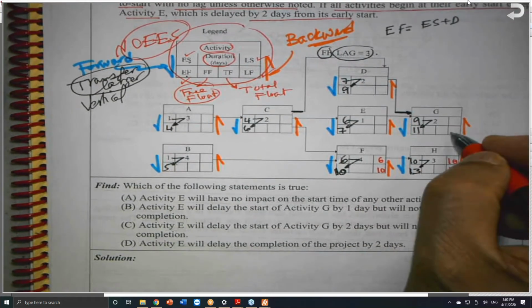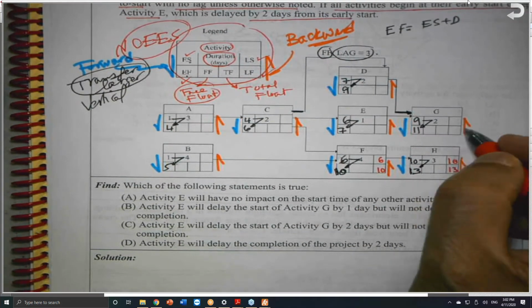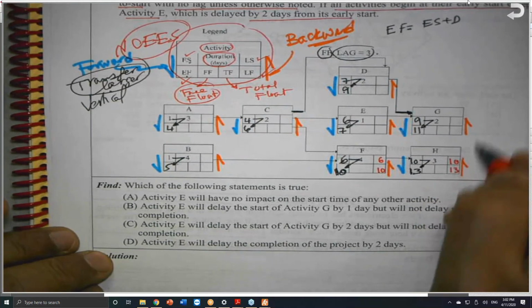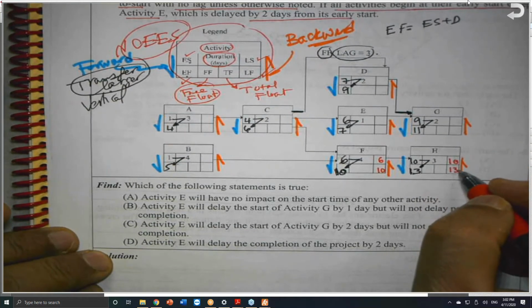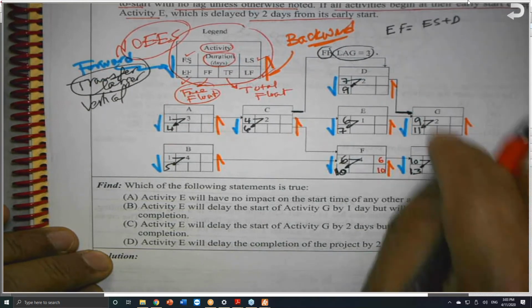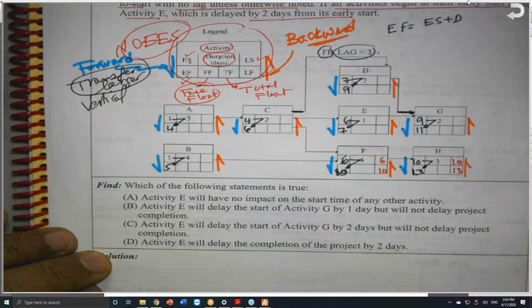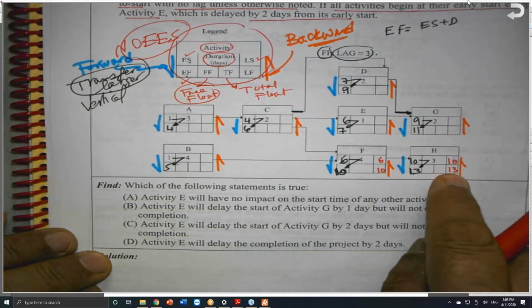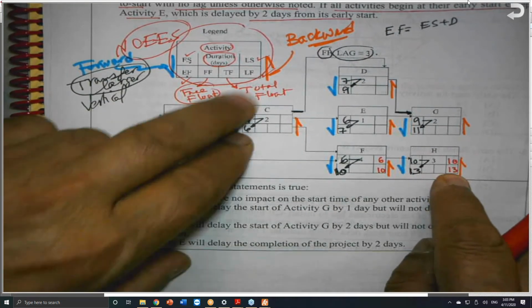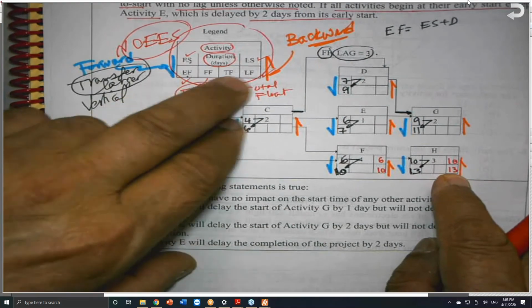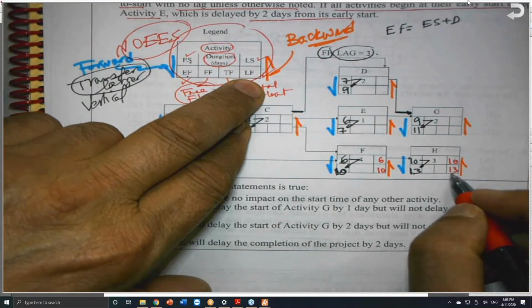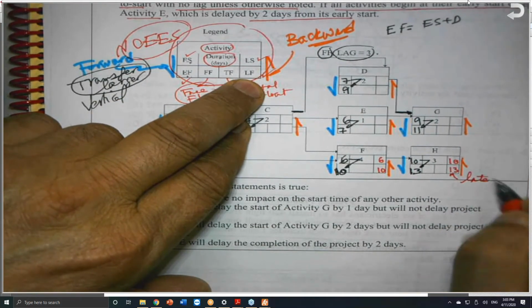And I have here the activity G and the activity H. Here, the late finish, this is the late finish.